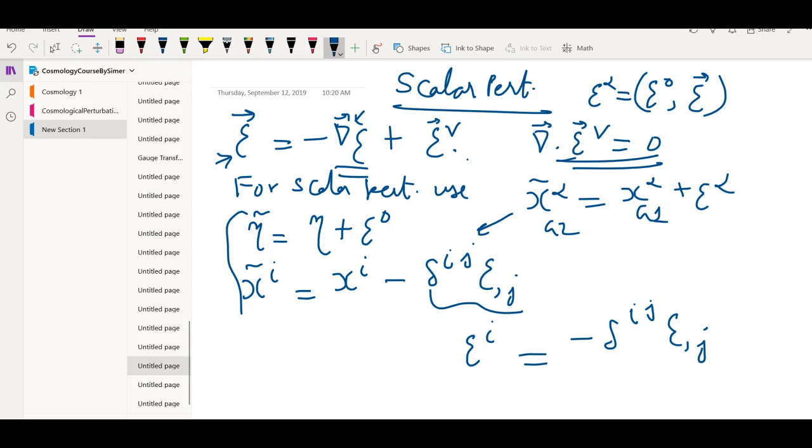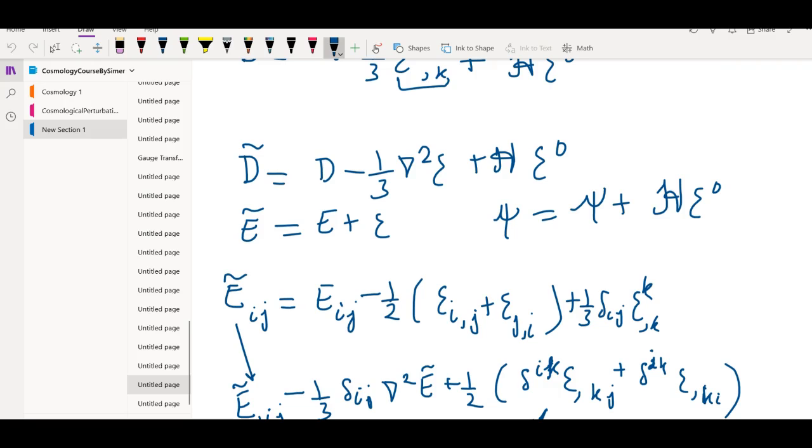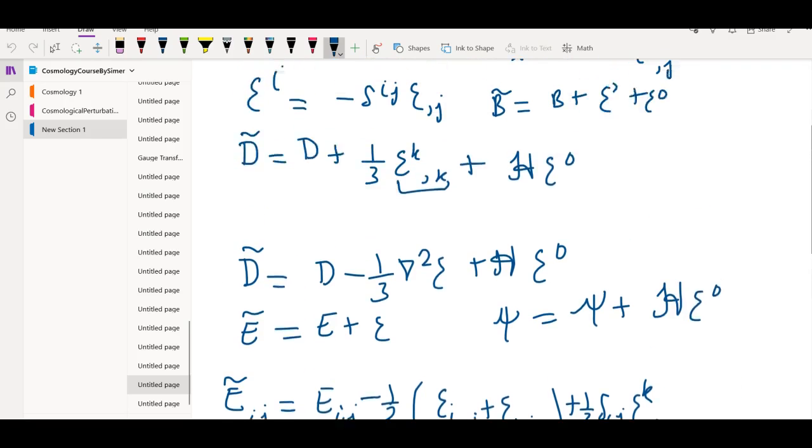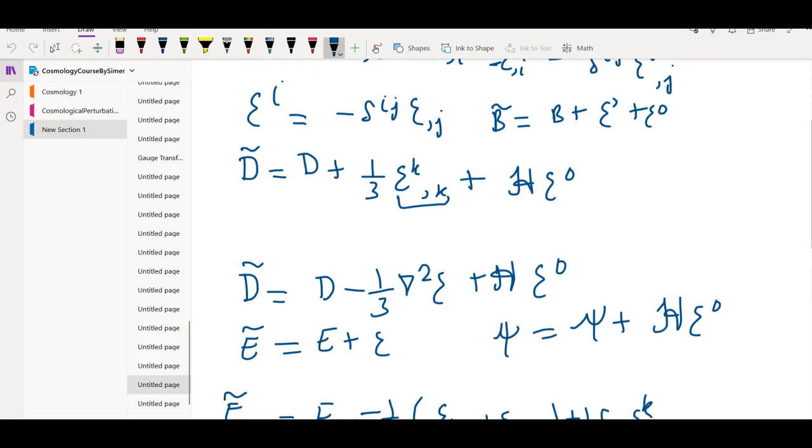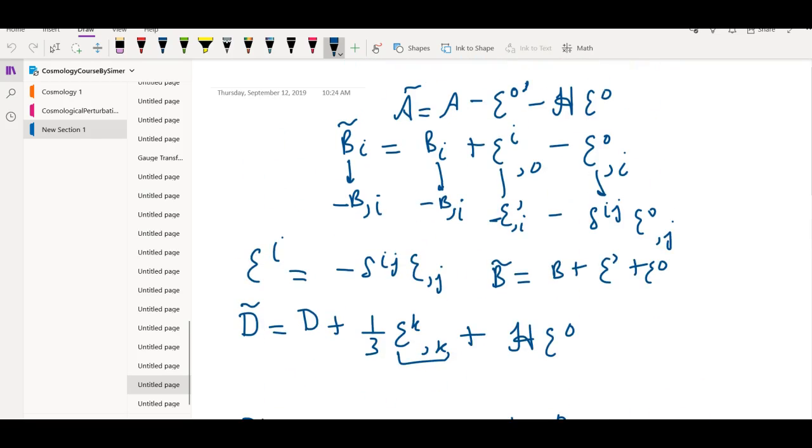So if we write this transformation vector like this, let us see how it affects the transformation equations. The first transformation equation is the transformation of scalar a tilde: we have xi 0, so no change.